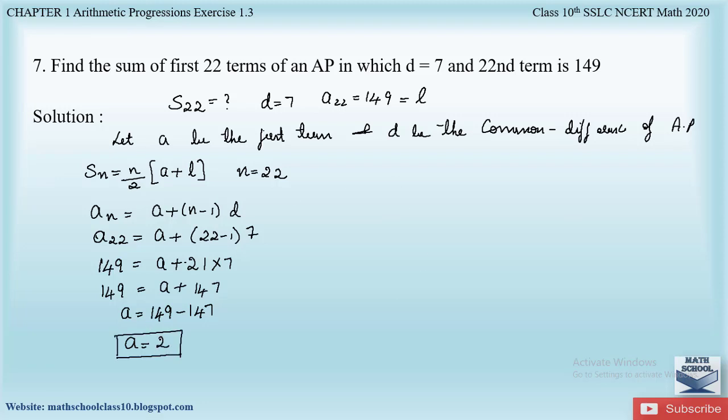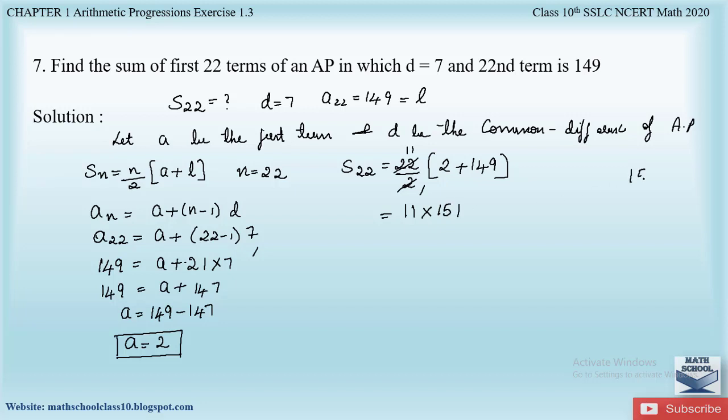Now using this a value, we will substitute in the sum formula to find the sum for 22 terms. S22 is equal to 22 divided by 2 into (a value 2 plus the last term 149). So this is equal to 11 into 151.